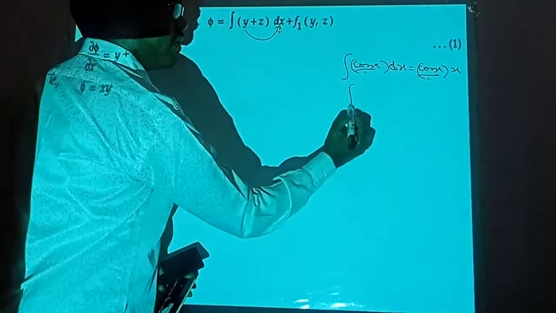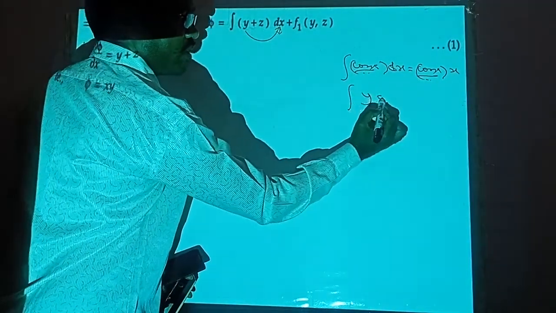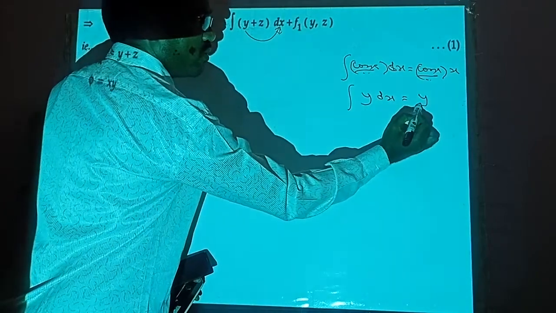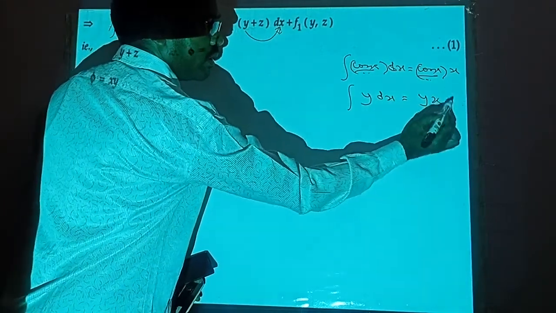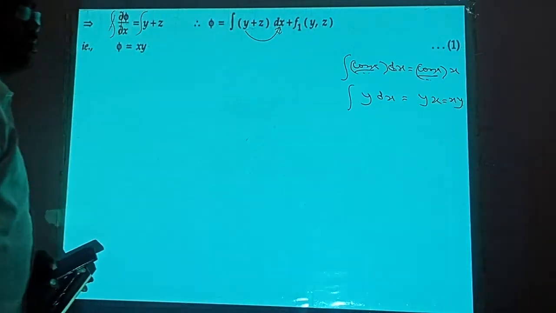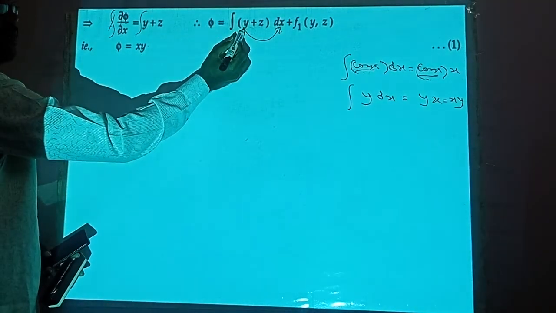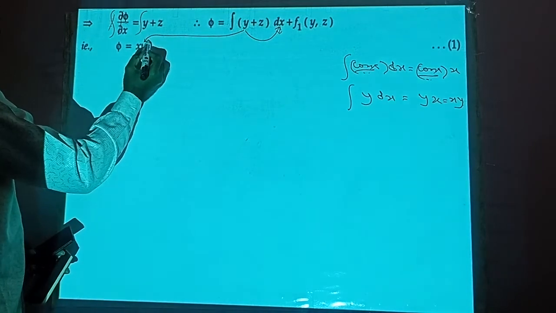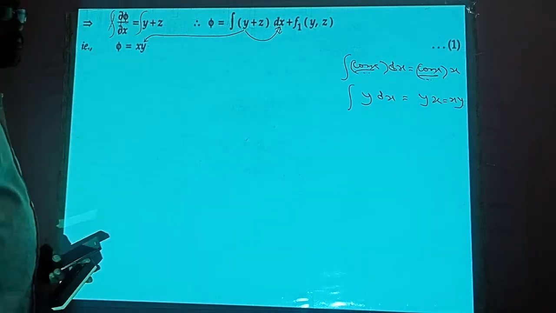So in the place of constant we have y dx. So you get constant into x, that is nothing but xy. That's why we have taken the integration of y with respect to x as xy.